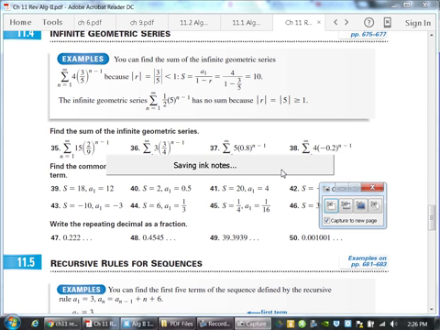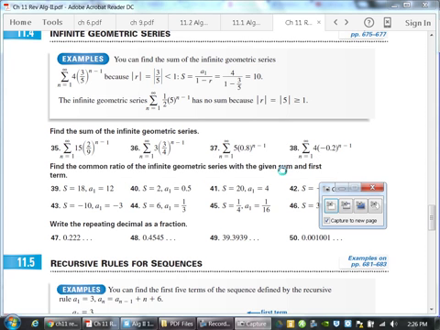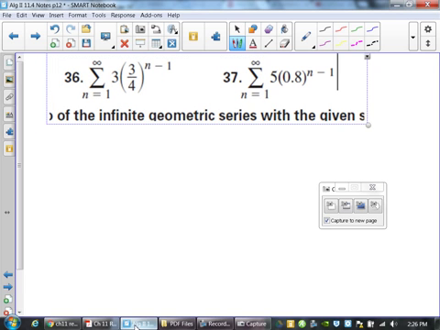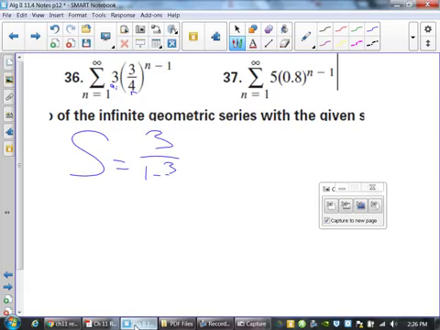Find the sum of the infinite geometric series given in summation notation. If you're in summation notation, this is your first term, and that's your rate. So all you have to do is the sum, which is your first term over 1 minus your rate.